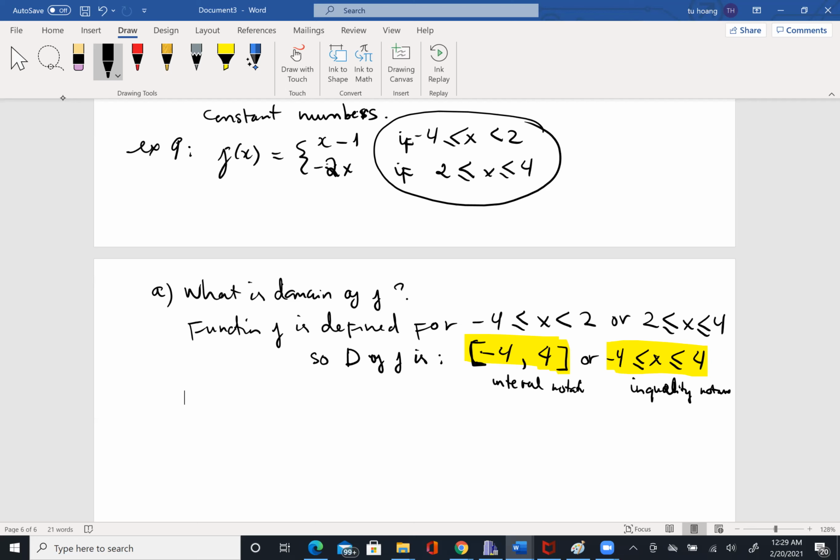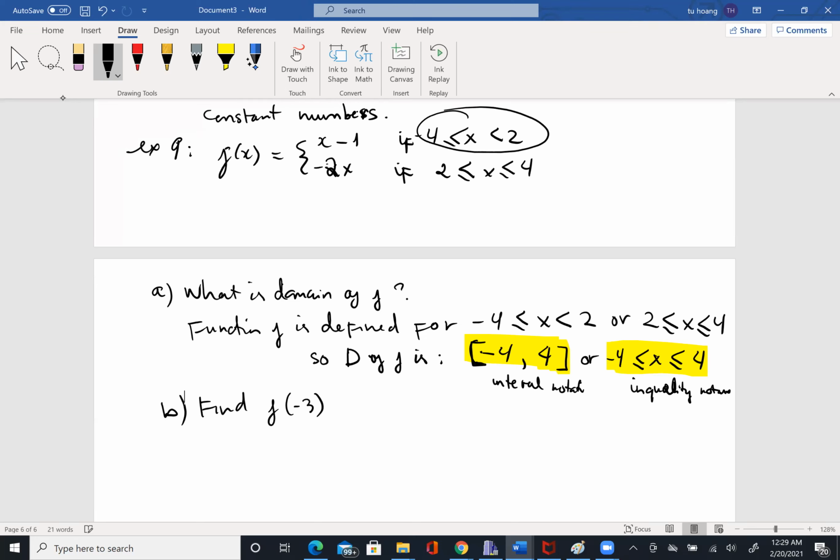So B, I have to evaluate or find f of negative 3. So f of negative 3, what interval is negative 3 in?